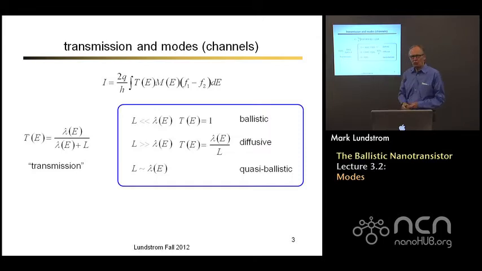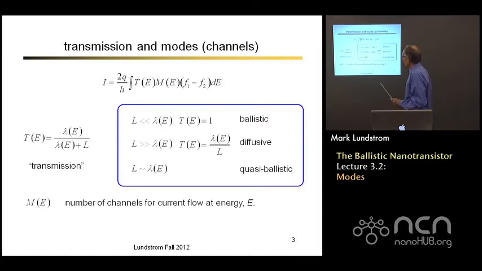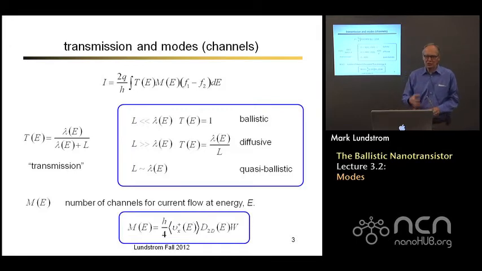It's very small, the ratio of the mean free path to the length of the device in the diffusive limit. But often these days, devices operate somewhere between those two limits in what we would call a quasi-ballistic regime. And M is the number of channels, and it's given by an expression which, when you look at it, it's hard to interpret physically.